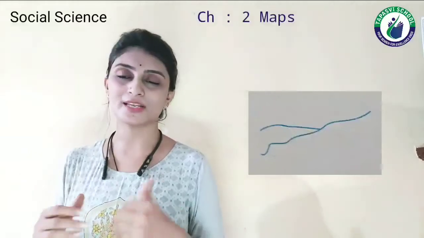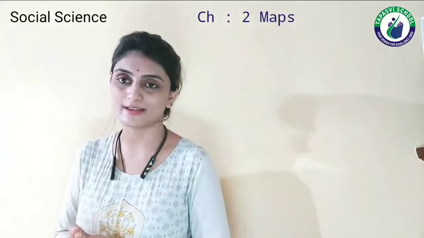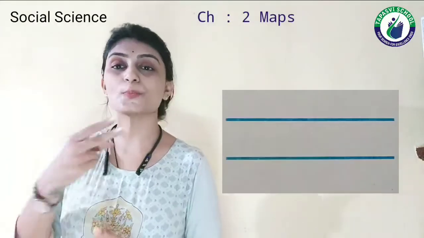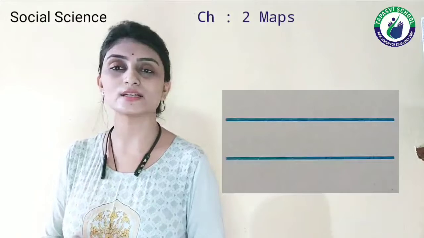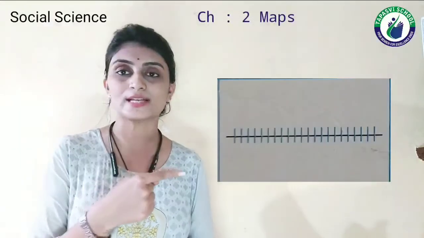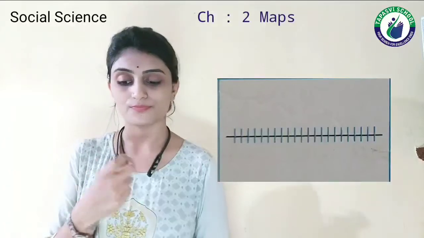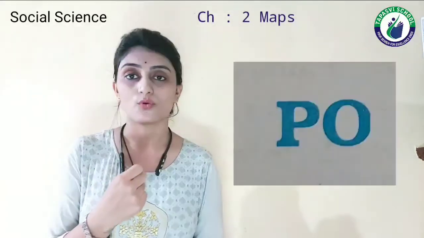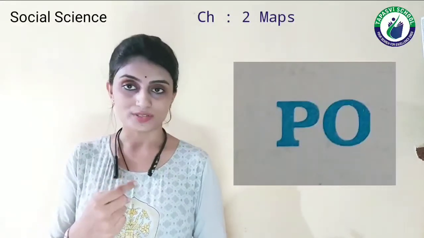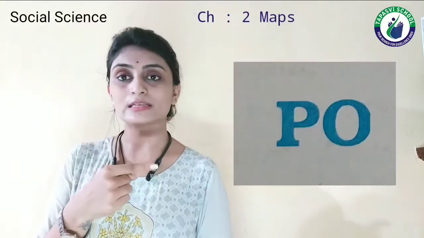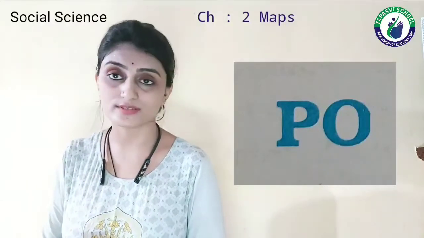Next is a road: these two parallel lines indicate the road. This conventional sign shows the railway. PO means a post office, and this conventional sign indicates the post office.